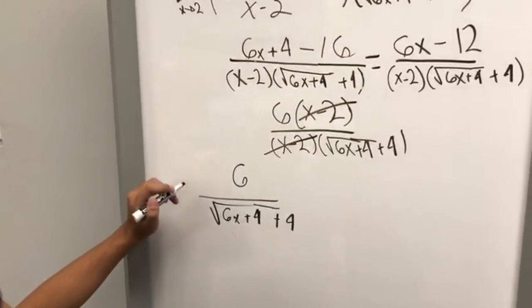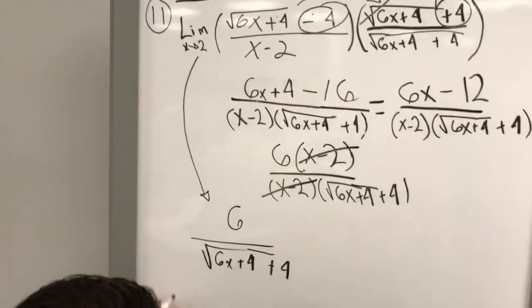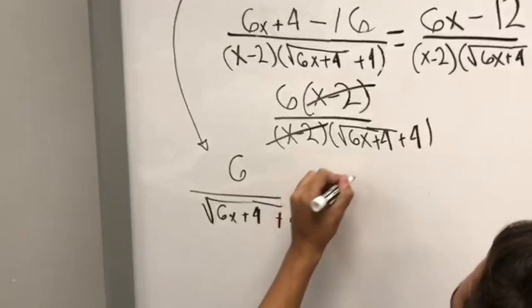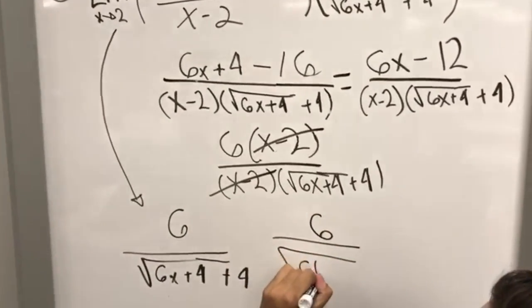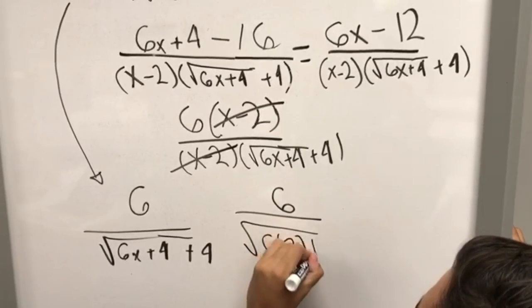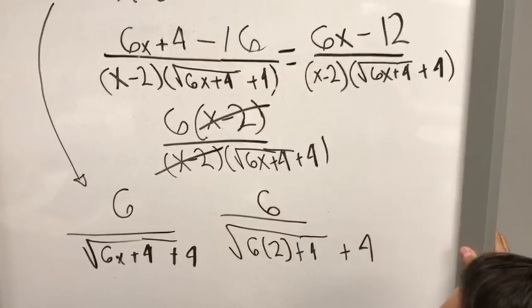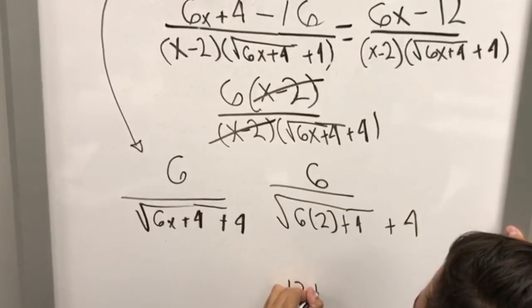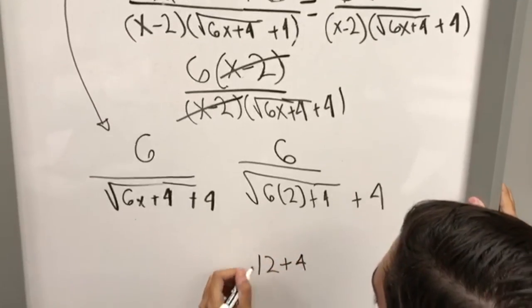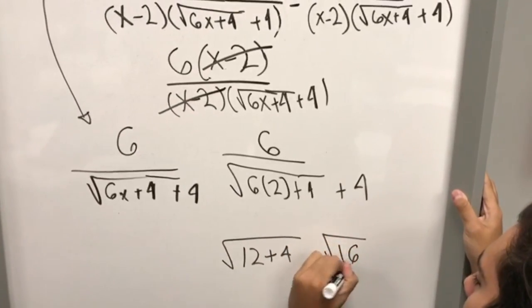After this we have to plug in the 2, which comes from the limit, so we have the same equation, 6 over the square root of 6 times 2 plus 4, plus 4, which is 6 times 2, 12, plus 4, the square root of 16, which is 4.